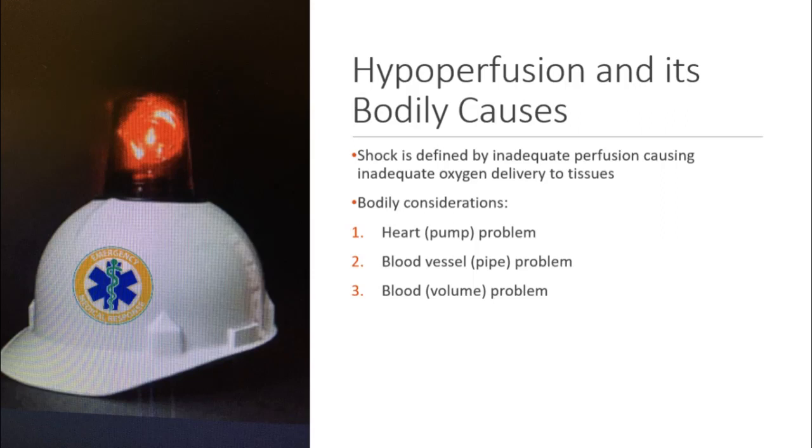Is it a pipe problem with the blood vessels? Maybe there's some kind of traumatic injury or something that is preventing it from reaching where it needs to go or spilling out somewhere. And then we've got a blood or a volume problem, which means maybe they've been bleeding for a while and there's not enough blood to get the oxygen where it needs to go. So that's the last kind.